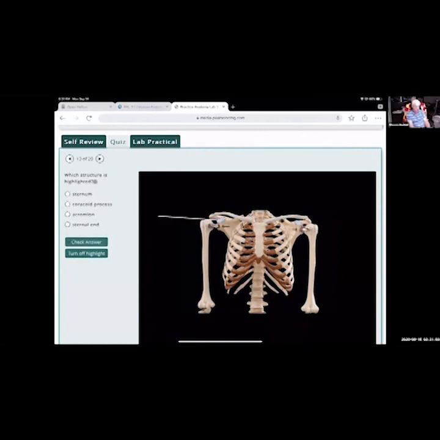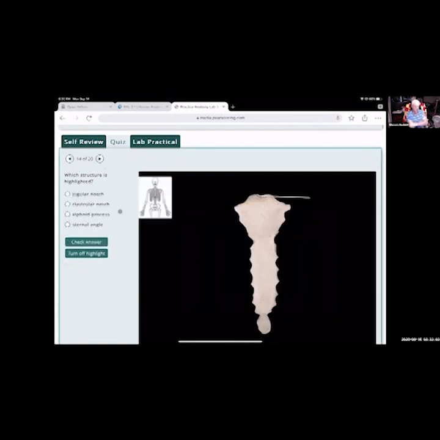What structure is highlighted there? The coracoid process? This is the coracoid process of the scapula. Yep. And what is that? Jugular notch. Okay, the jugular notch is the very tip of the manubrium.